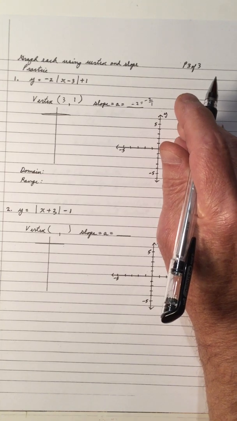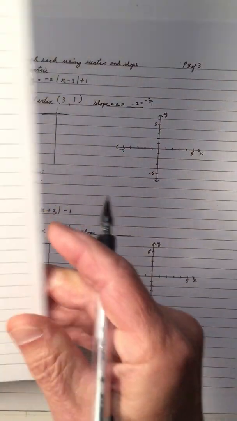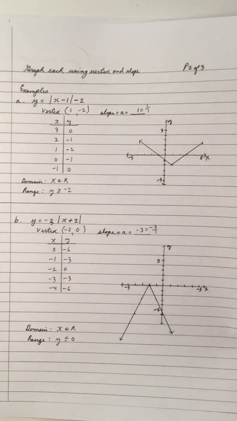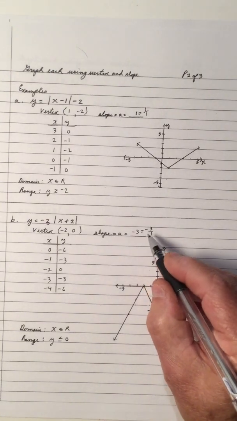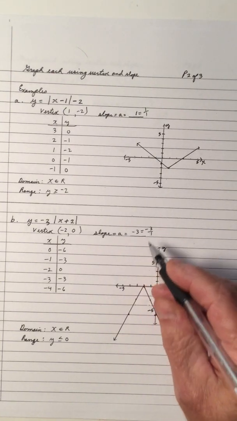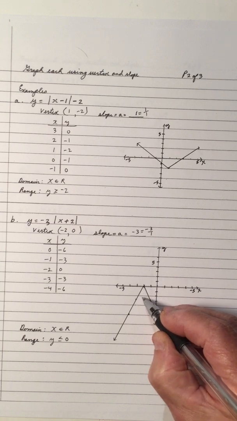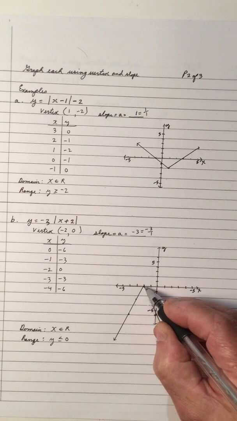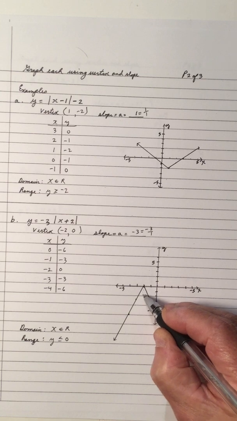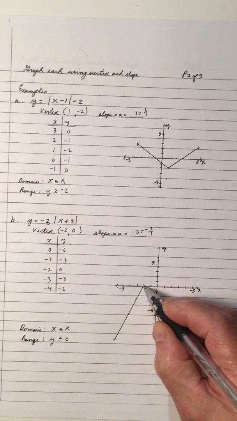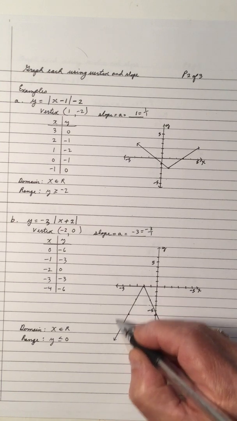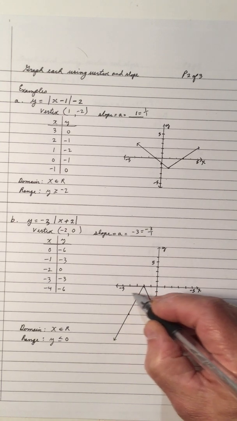Negative 2 over 1. Oh yes, I just want to go back and look at that other one for a second. Notice I said the slope was a negative 3, so negative 3 from the vertex is down 3, 1, 2, 3, right 1. And you also go down 3, 1, 2, 3, left 1. So that's the negative slope. That's the positive slope. Positive is the positive slope because you go up to the right.